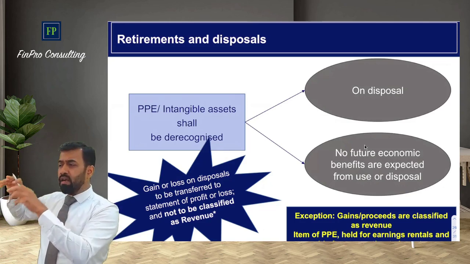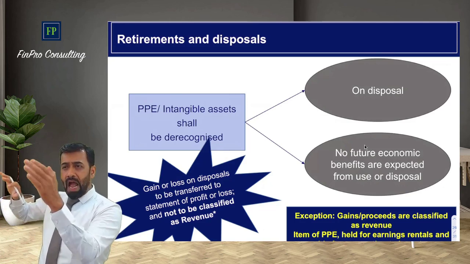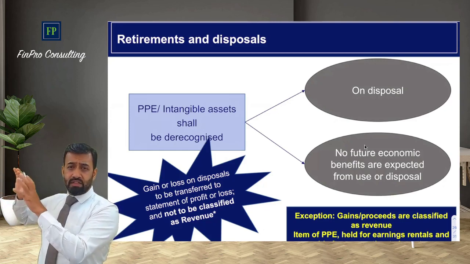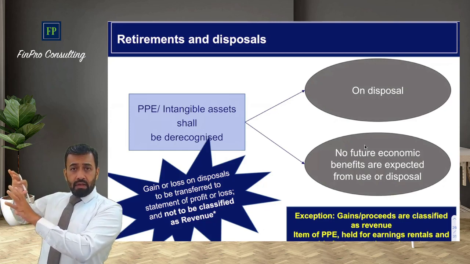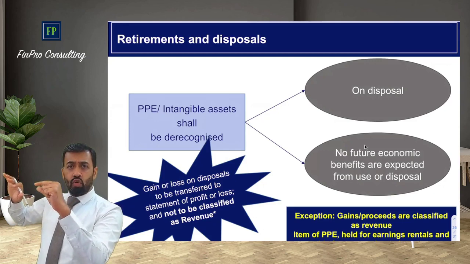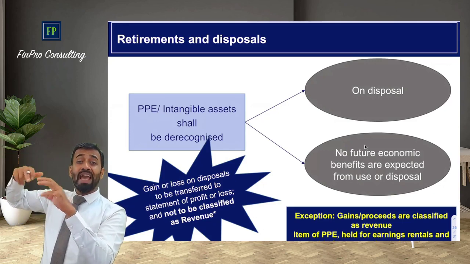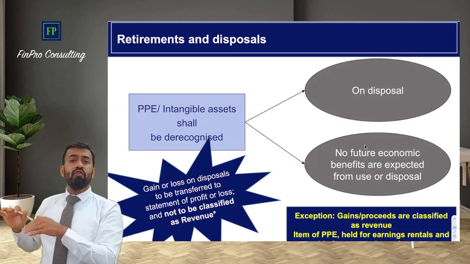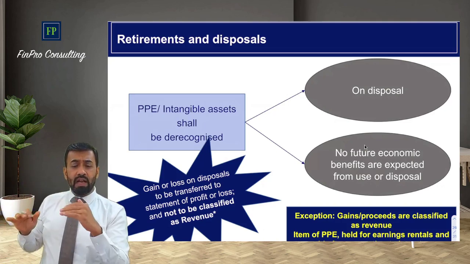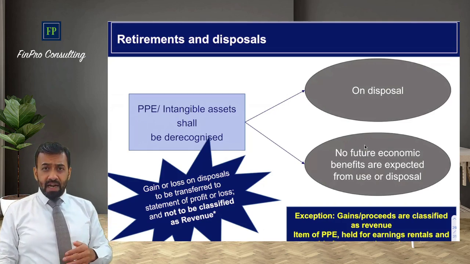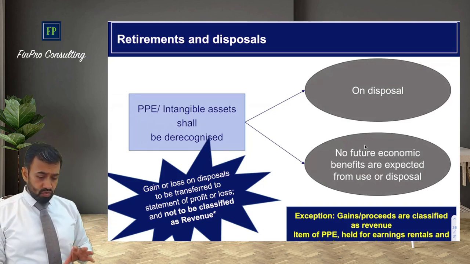I'm not using it, it is just scrap, so I will have to take it out from the fixed assets or intangible assets or investment property. Just because carrying value is zero, that is total cost minus accumulated depreciation, doesn't mean you have to derecognize. You will derecognize only upon actual sale or when you retire that asset from its active use.